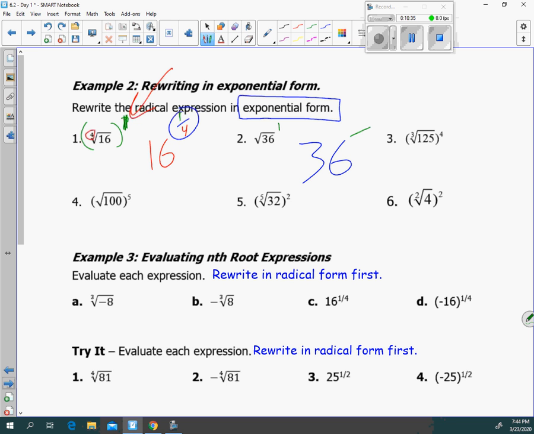So really, for my 36, I have a 1 there. And when you don't see any number in between, here we saw 5, there we saw 2, there we saw 3. Here we haven't seen anything. That one's a 2. So that means this is the square root. Because when you say square, it means something times something. So this is going to be the answer of 36 to the 1/2 power. Okay?